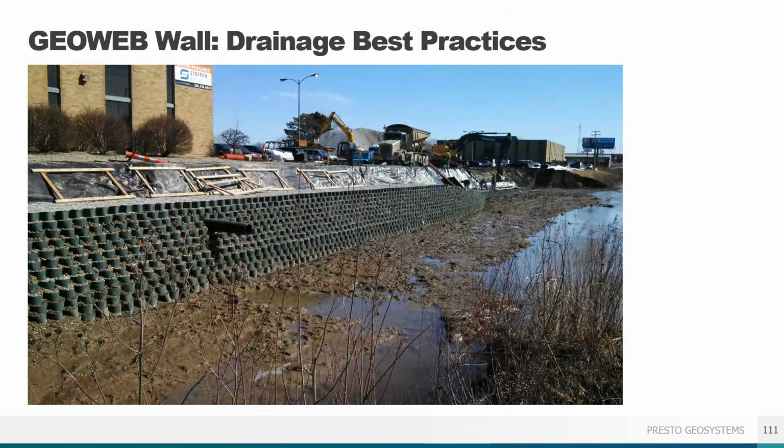Drainage is very important and is a topic that needs to be addressed with any MSE wall, including the GeoWeb wall system. Hydrostatic pressure buildup and improper drainage behind a wall face is the leading cause of wall failures, no matter the type of wall.